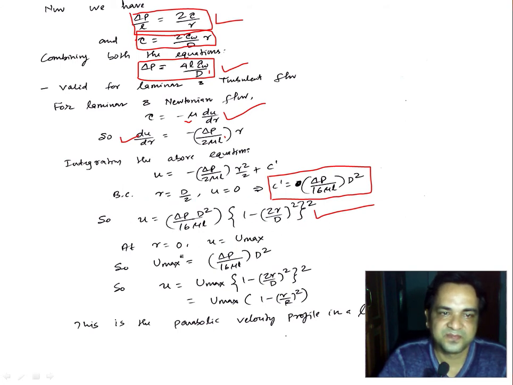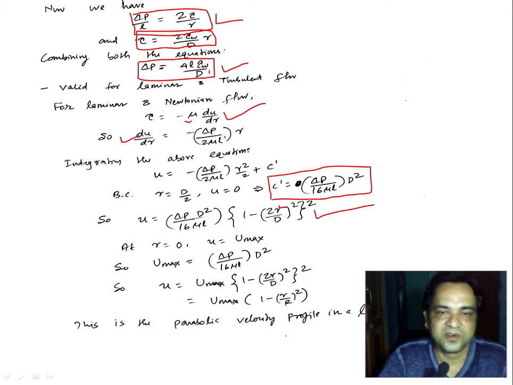The velocity at the center line we can get by putting r equal to 0. When r equals 0, we get the maximum velocity along the center line. So u max equals ΔP by 16 mu L into D square.